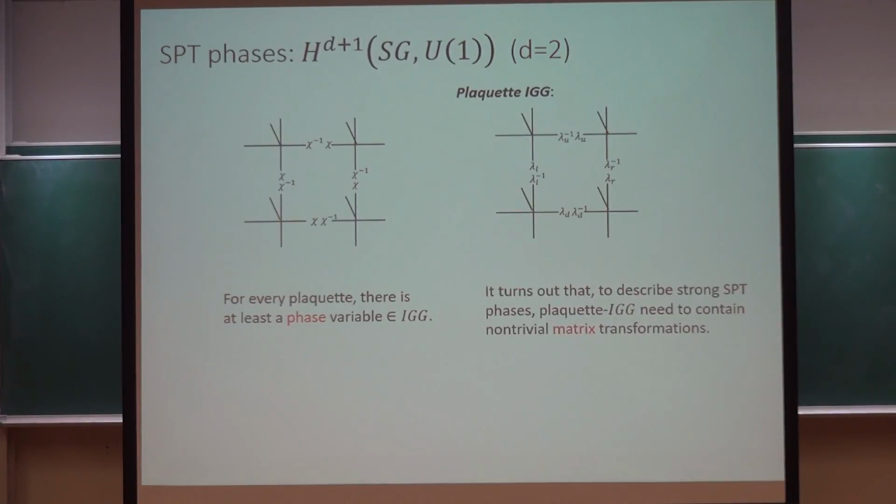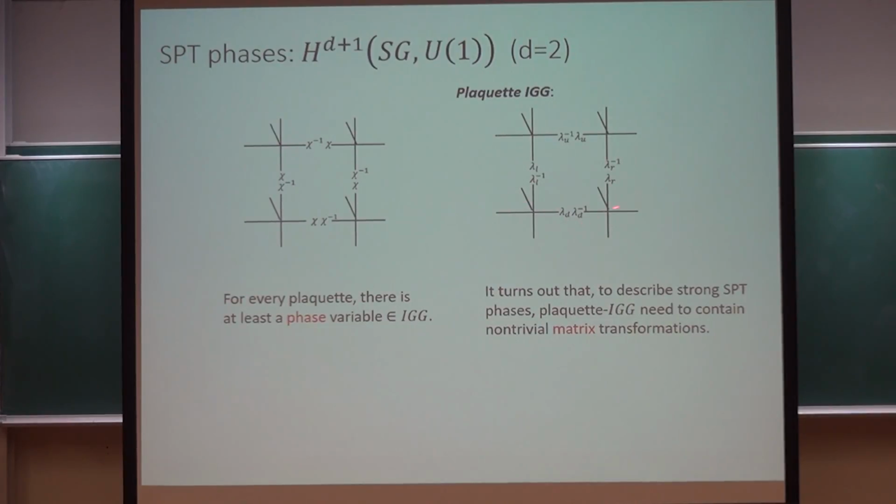But what turned out to be even more subtle is that in order to describe these strong SPT phases, you actually have to generalize this chi phase into some matrices. Namely, you need to assume the tensor network has a larger invariance. Every tensor network would satisfy this kind of invariance.